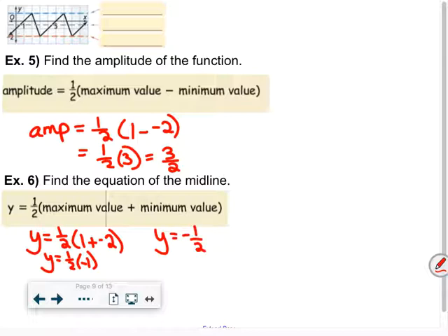It is y equals -1/2. Again, amplitude is 1/2 the difference of the maximum minus the minimum. The midline is y equals 1/2 the max plus the min value.